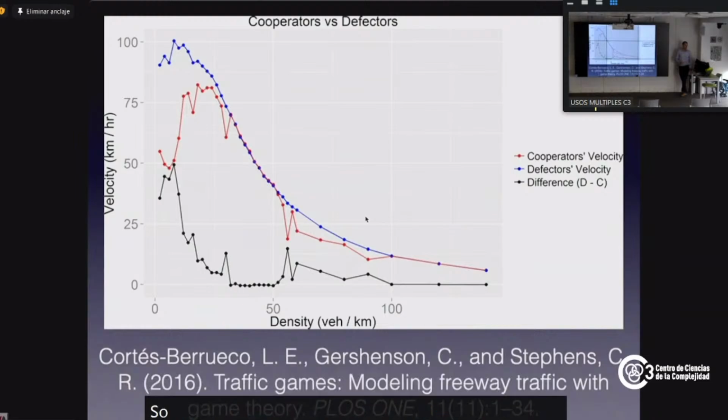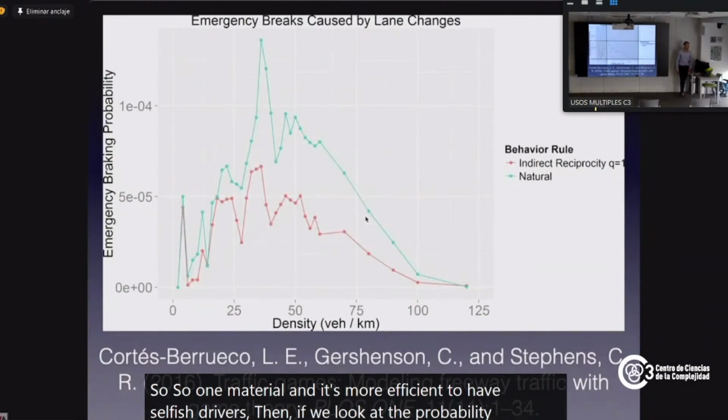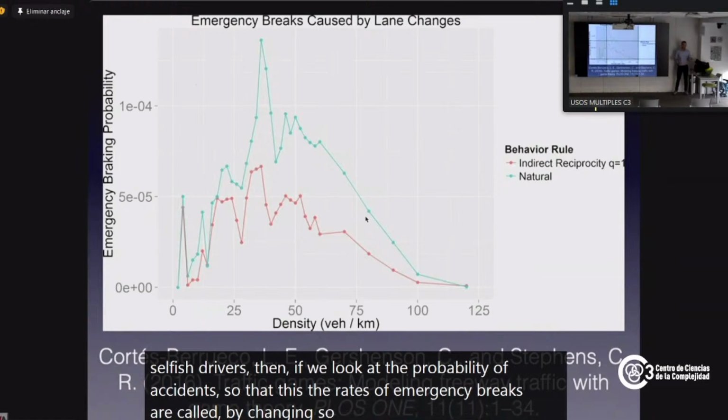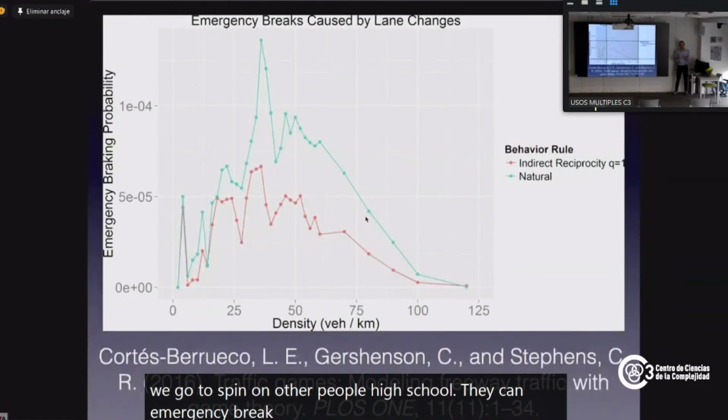So one might say, oh, it's more efficient to have selfish drivers. But then if we look at the probability of accidents, the rates of emergency brakes caused by lane changes, that is, how often when a vehicle changes lane, another vehicle has to make an emergency brake because otherwise they would crash.